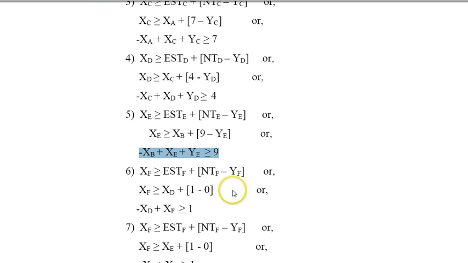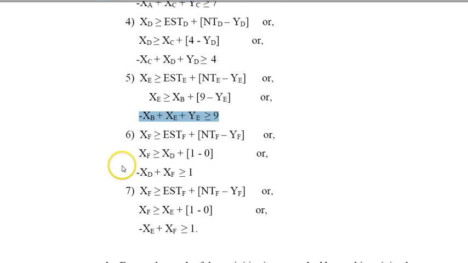Okay, now for F, so I have XF is greater or equal to EST of F and TF minus YF. So what should I replace this with? Oh, because I have two nodes that lead to F, D, and E. So I need to repeat this twice now.